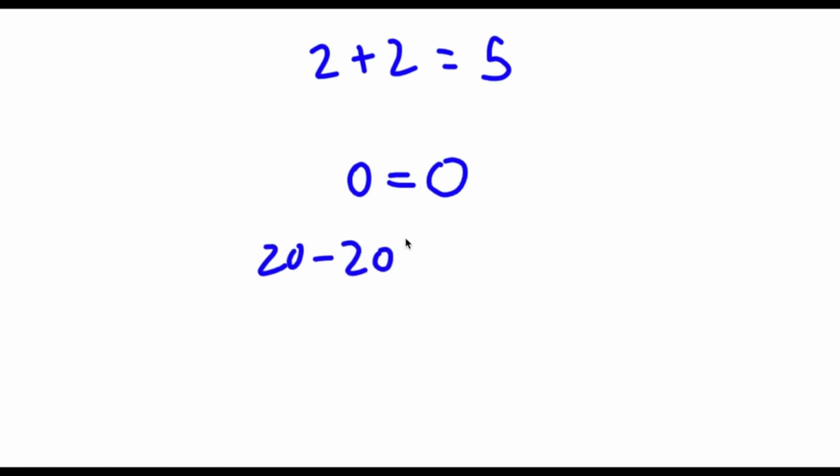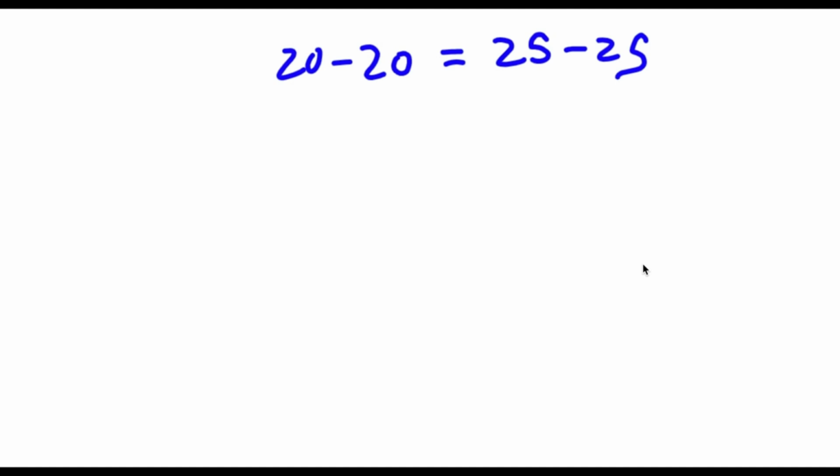And 20 minus 20 is 0. So this is right. I'm not doing anything that is illegal here. And for my right-hand side, I'm going to rewrite 0 as 25 minus 25, which is also equal to 0. So I'm not going out of the rules or anything.